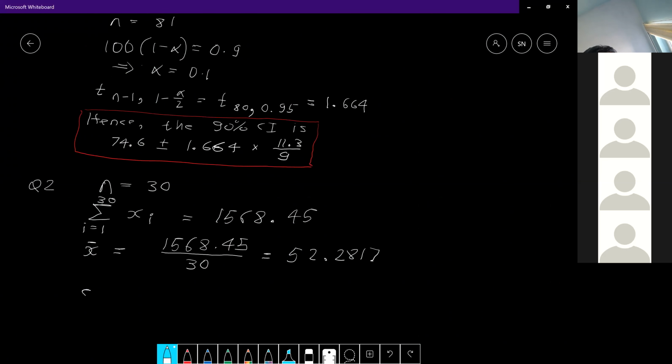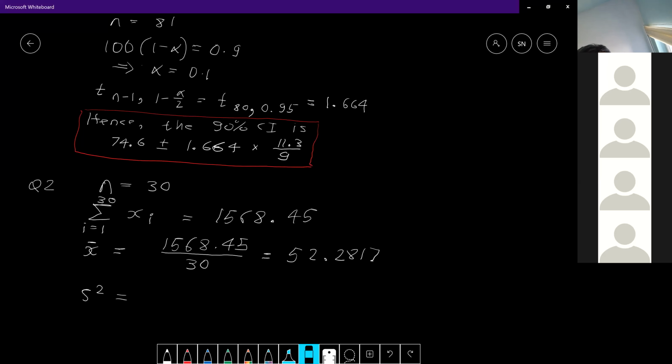Now I told you in the class that for the sample standard deviation there are two definitions. One is a biased version, the other one is the unbiased version. For this question, I will use the unbiased version.